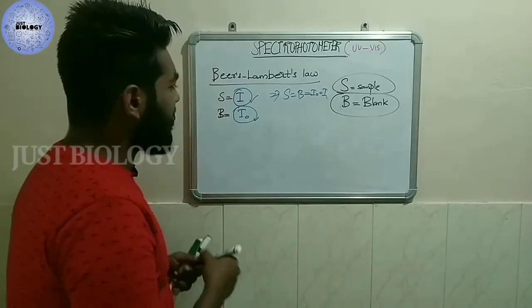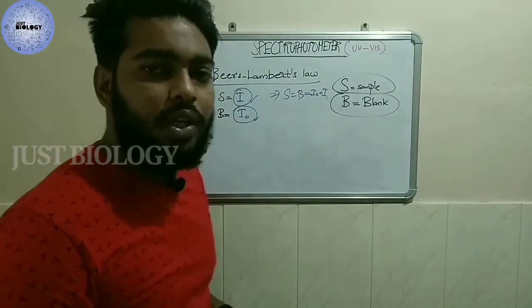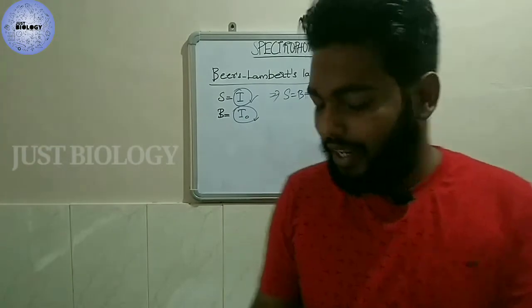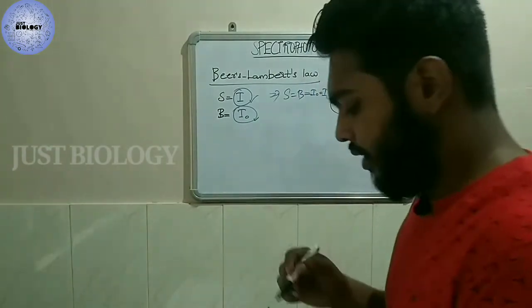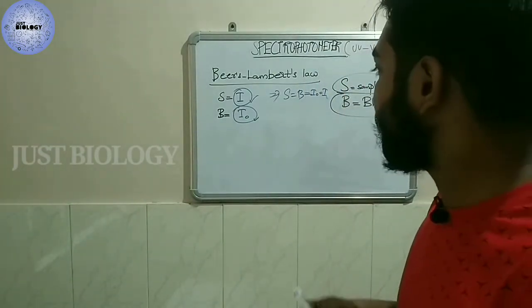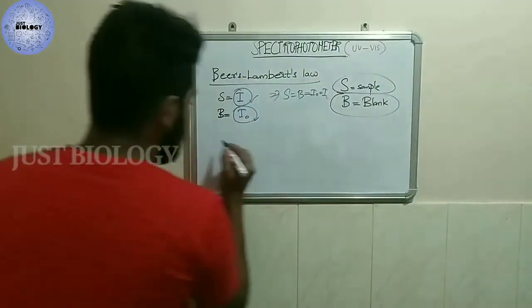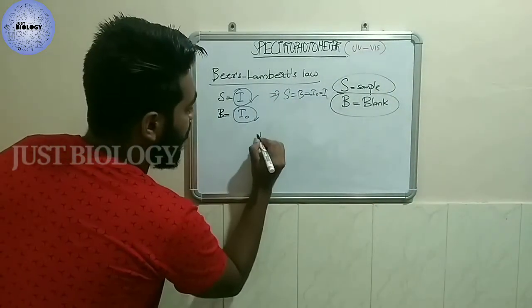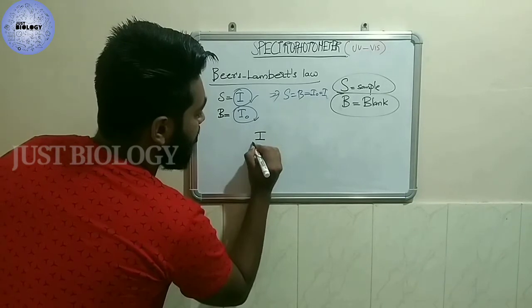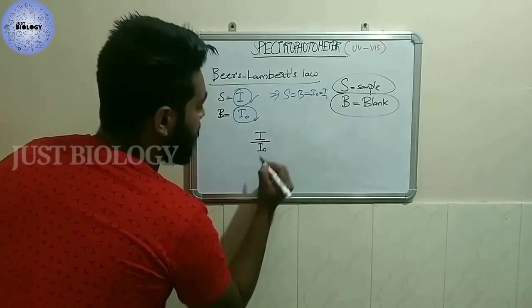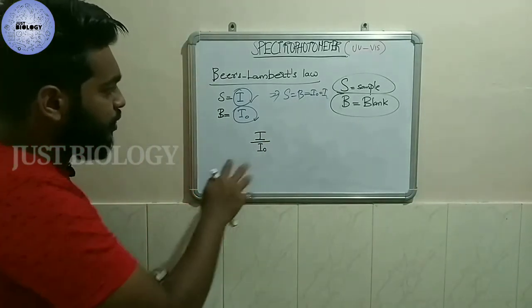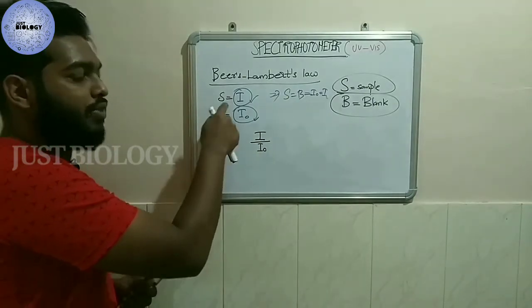But in some cases, I is not equal to I0. In that case we can write it as I divided by I0, so we should subtract the blank from the sample.